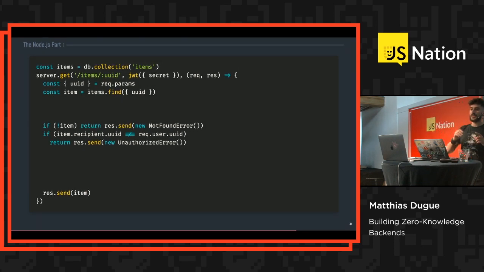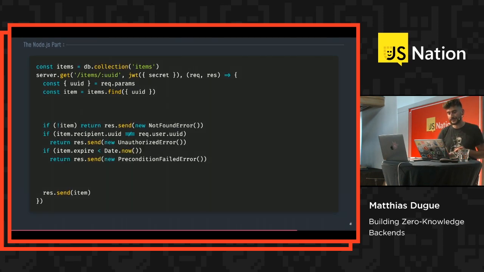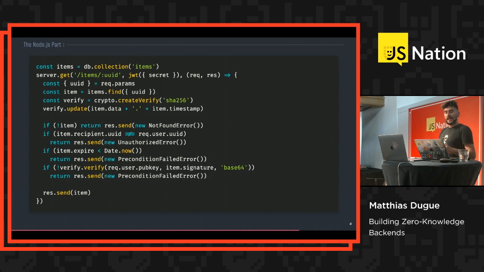It ensures that a user that is not allowed to access a part of data can't access it directly on the backend. You check the expiration time; if the payload is expired, you won't serve it. And you check the signature itself to be sure that it wasn't altered directly in your backend storage, in your MongoDB or otherwise. And you return it if all the conditions are met.